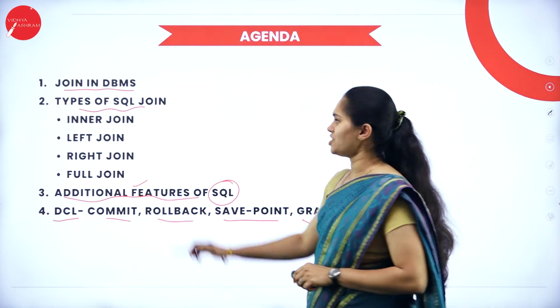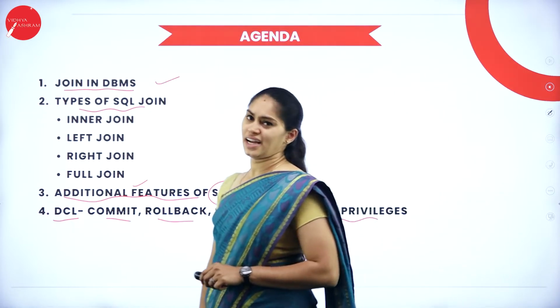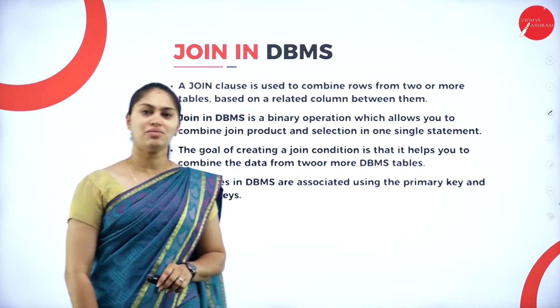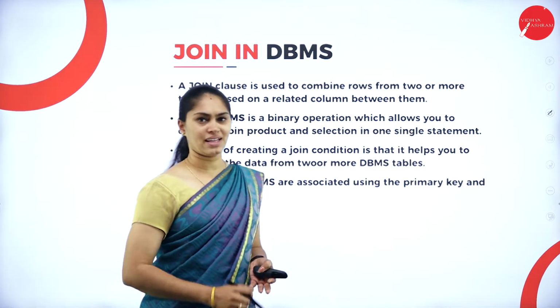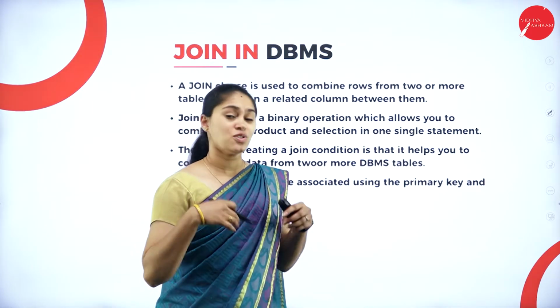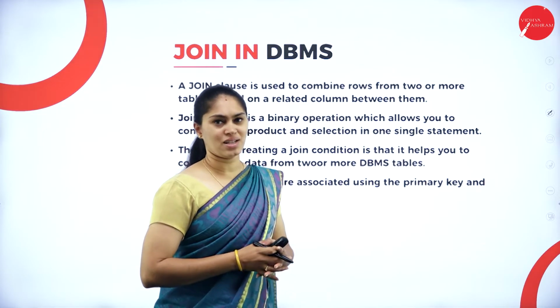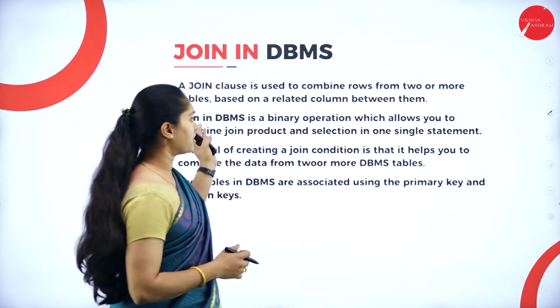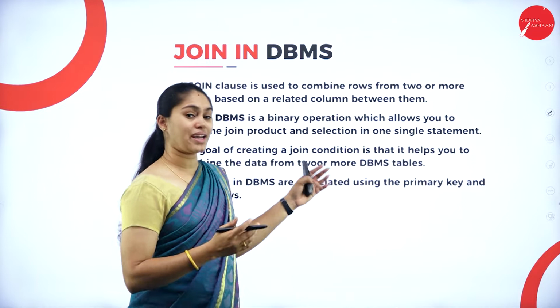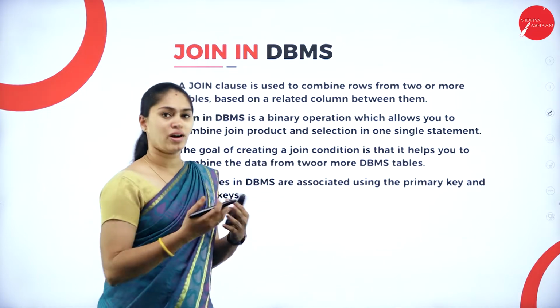Let me get into the session with respect to joins in DBMS. As we all know, we have more than one table in a DBMS, right? So what if I want to combine the tables? What if I want to perform operations by combining rows from 2 or more tables?